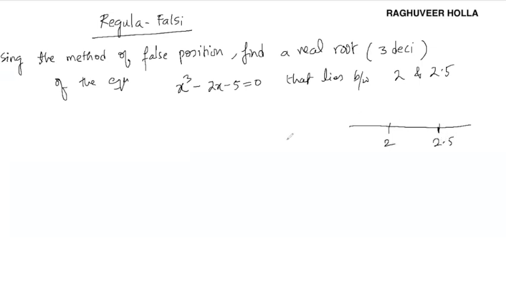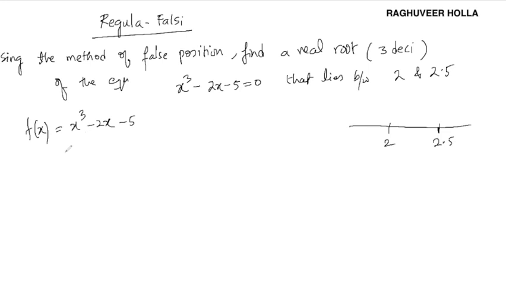So as the first step, your function f of x, the equation, is f of x equals x cube minus 2x minus 5, right? So to find that, first we have to substitute.